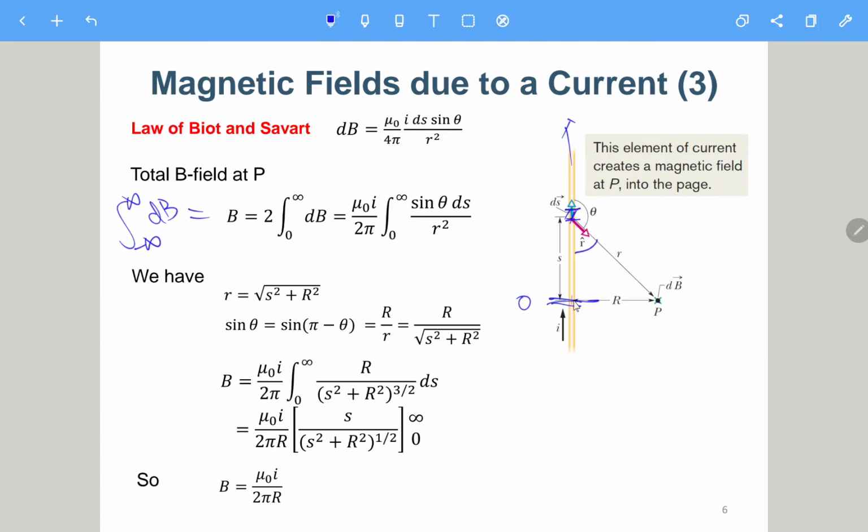So sine is the opposite side divided by the hypotenuse, so capital R over small r, and small r is this square root value. So sine of theta equals this term, and then we can plug these 2 terms into here, so that we will get the integral over s.